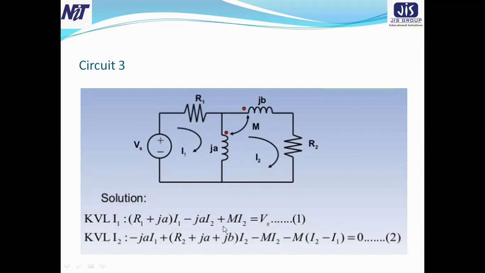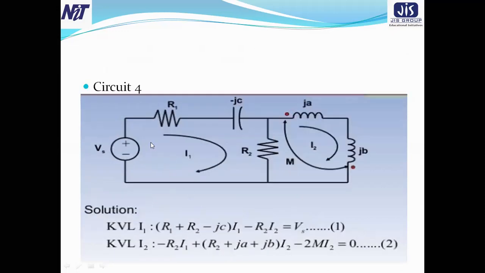For the second loop: −jωL I1, no problem, because we are considering I2 in the opposite direction, plus R2 in the same direction with I2, plus jωLA, no issue, plus jωLB, but this will be negative, so minus M I2, minus M I1, so a negative sign is coming for the opposite direction, that equals 0.